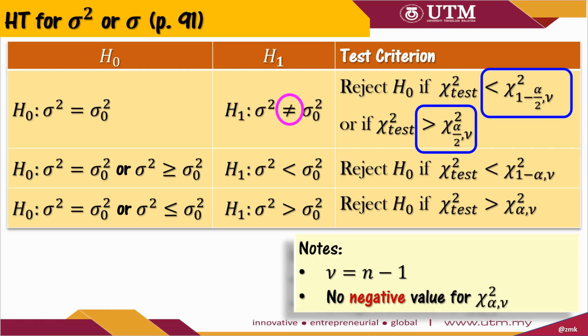So the chi-square values can never be negative, be it for the test statistic value or, more importantly, for the critical values. Next, the second choice of hypothesis test is a left-sided alternative hypothesis, where under H1 we have sigma squared is less than a hypothetical value, sigma naught squared.